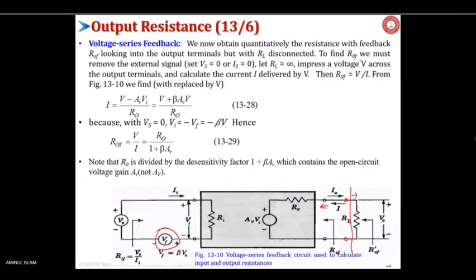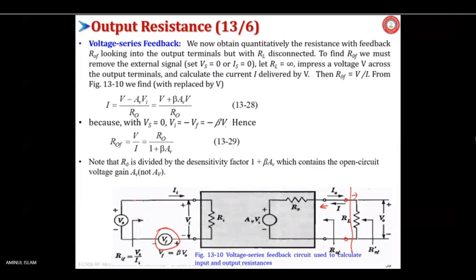To find ROF, we must remove the external signal. We know that this is a method: a voltage source should be grounded. I mean, a short has to be applied, then only the voltage will be 0. Or if it is a current source, then it should be opened, IS equals 0.